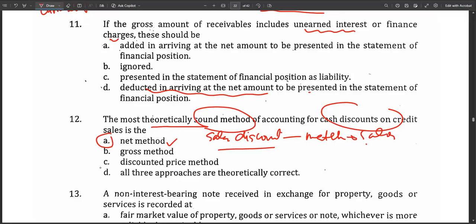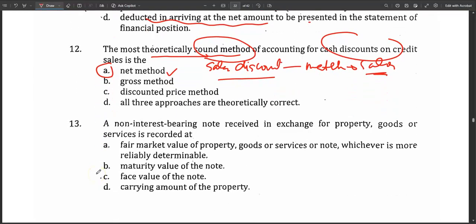In other words, if the sale is recognized, so is the sales discount. If any is expected to be granted, it has to be deducted outright. So the net method is the theoretically sound one, but the most popular, as we can see, is the gross method. But again, theoretically it is the net method.